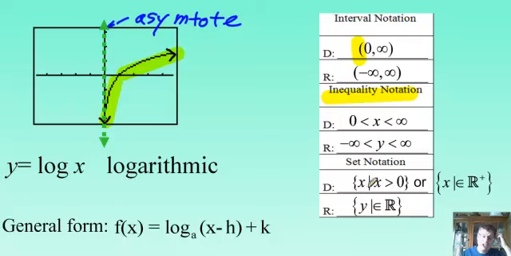Our set notation, we're going to say x is such that x is greater than 0. Or, here's another way to write that: x is such that it is the set of all positive real numbers.